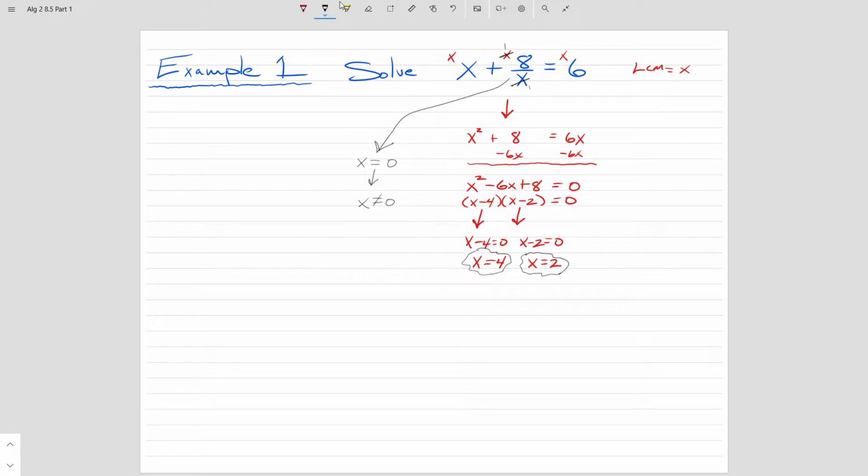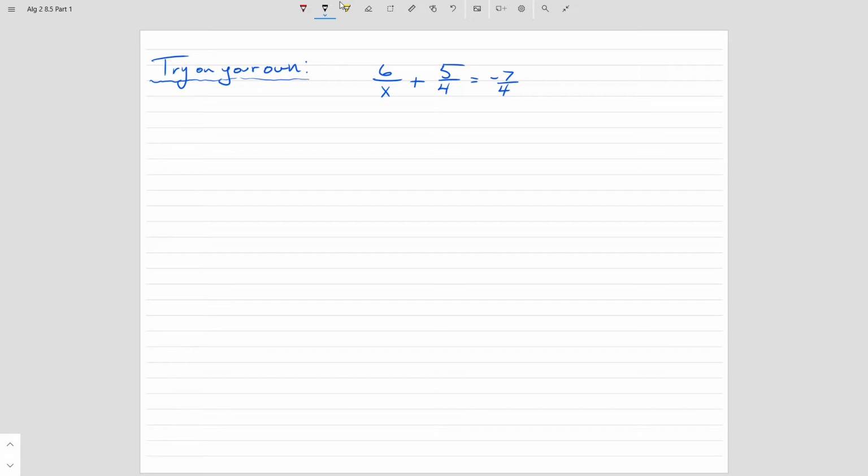So this one we got two answers. Why don't you guys try a problem on your own, see if you can find the answers, look at any domain restrictions to see if something should be taken out or crossed off, why don't you pause it on this spot, go through the work of solving it.